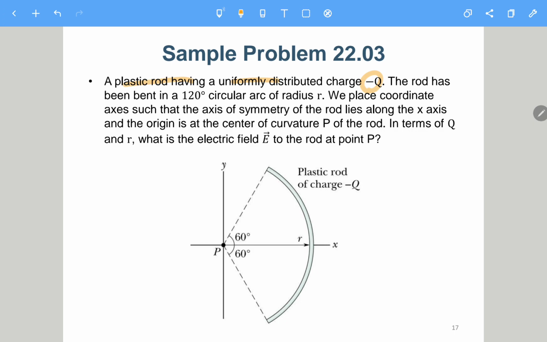The rod has been bent into a 120 degree circular arc, so plus 60 degrees, negative 60 degrees from the x-axis. We place the coordinate axes such that the axis of symmetry of the rod lies along the x-axis, and the origin is at the center of curvature P of the rod. In terms of Q and R, what is the electric field E at P?